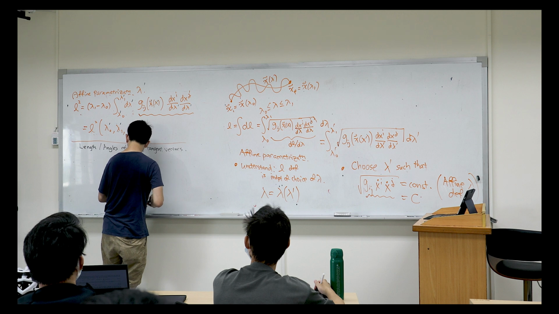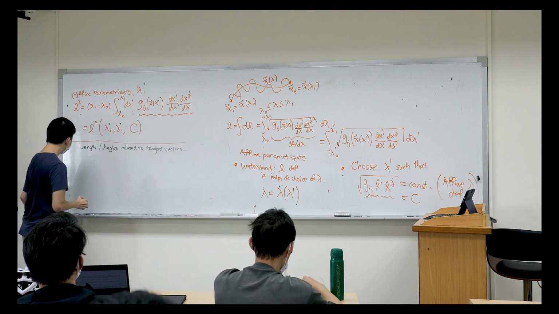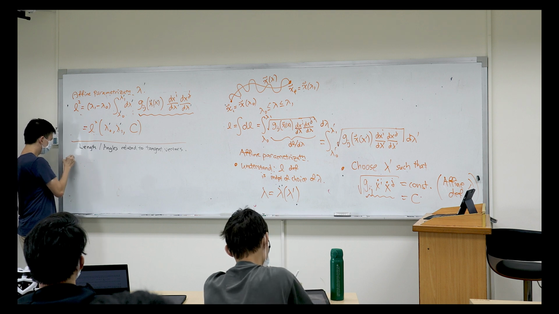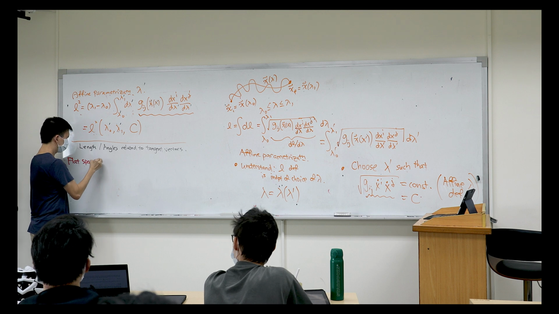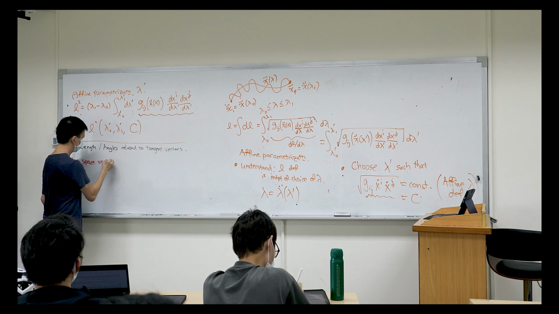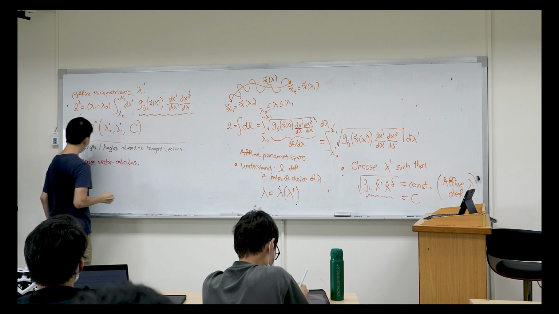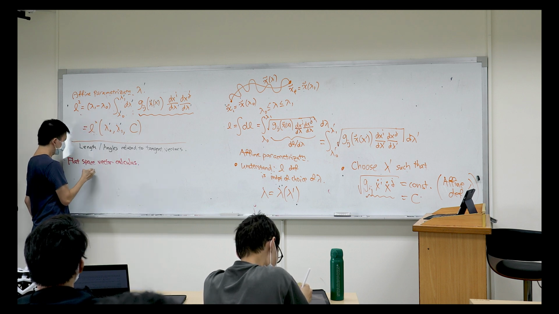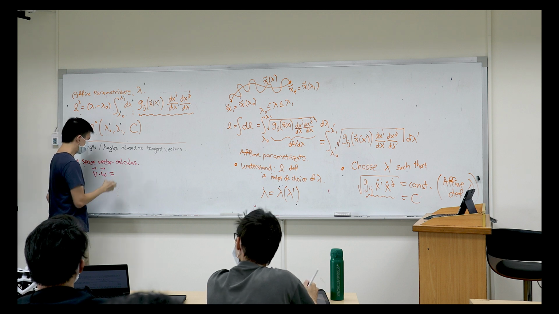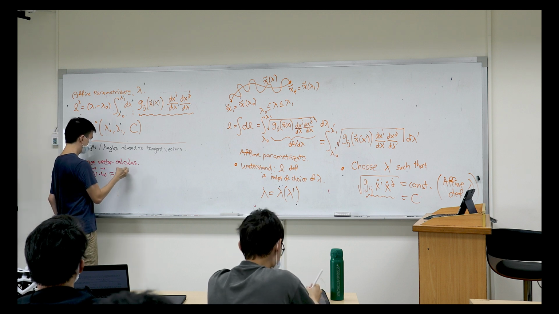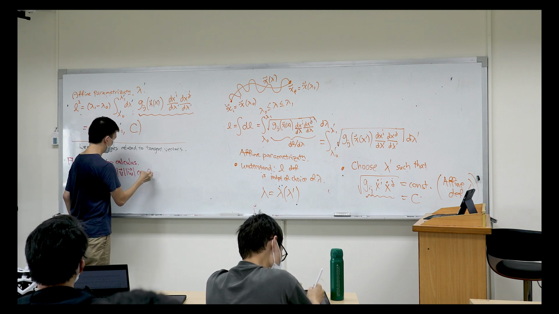Let me just remind you of some vector calculus. If you are in flat space, doing vector calculus, remember that if I take v dot w, that is actually the length of v, length of w times the cosine of the angle between them.